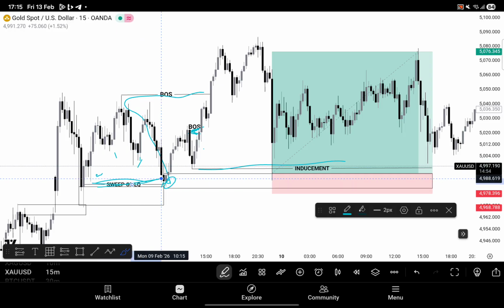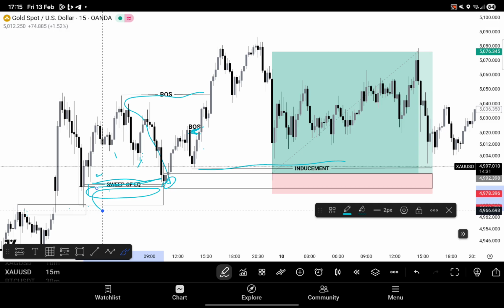If we don't have this sweep of liquidity, there's something called order flow. You can see the continuous mitigations of price action. From this breaker block, price mitigates this point, price came back to this point, mitigating the mitigations.